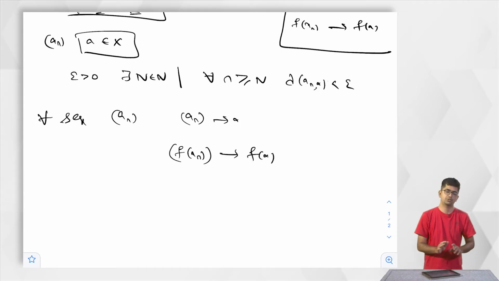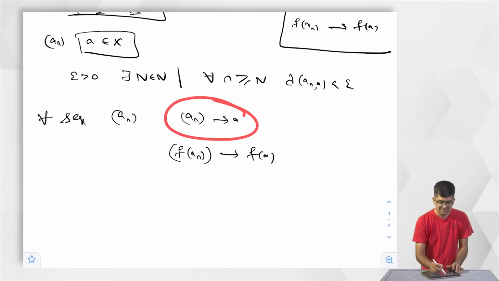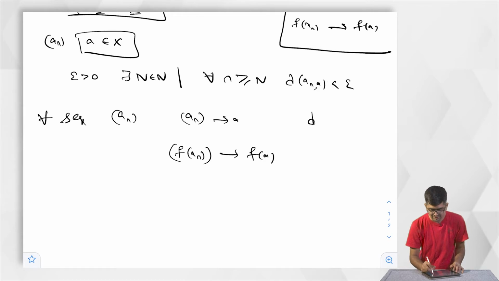The same idea, there is absolutely no difference. For the first convergence, we are using the metric d_X. For the second convergence, we are using the metric d_Y.